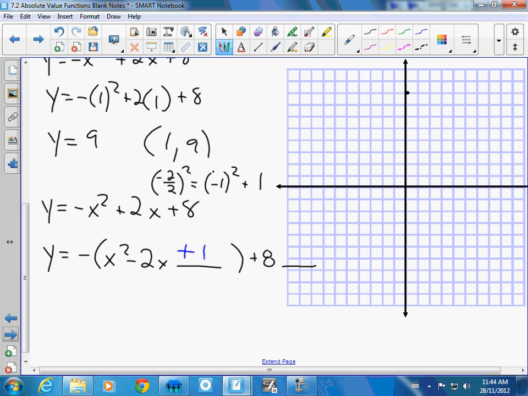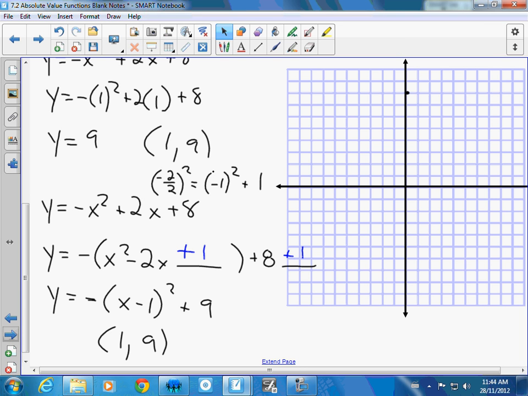But it gets outside the brackets and gets attacked by a negative, so we're going to add 1 on this side. So y equals negative x minus 1 squared, plus 9. You just look at the minus 1 plus 9. So what's the vertex?